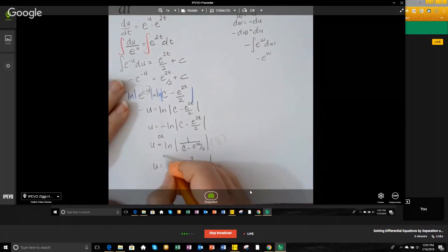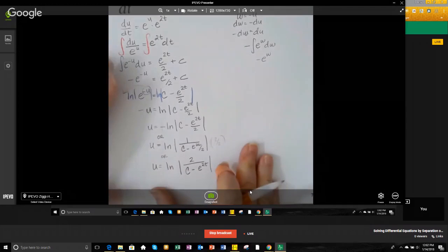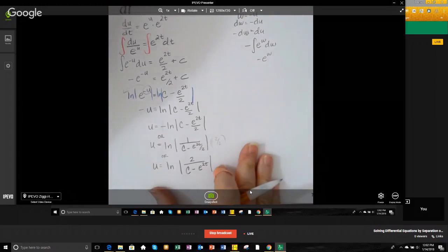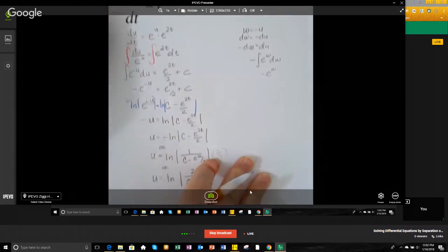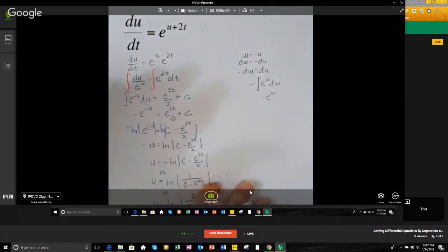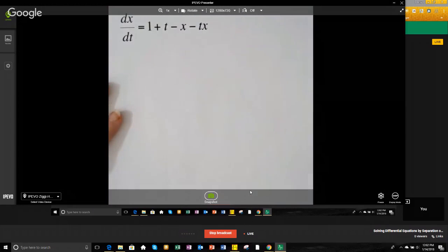So you could see this in many different forms. All right, kind of an interesting one. But still separating the variables. We got the u's on one side and the t's on the other, and then separated and integrated. Easy process.